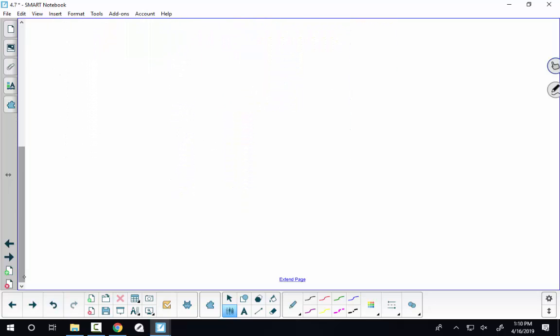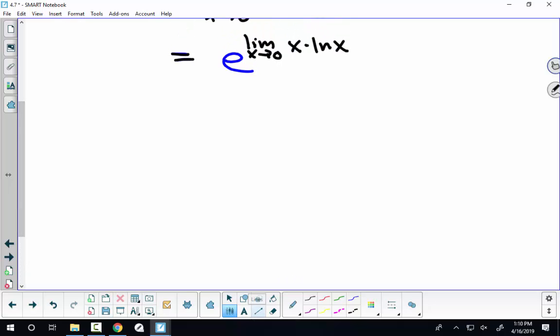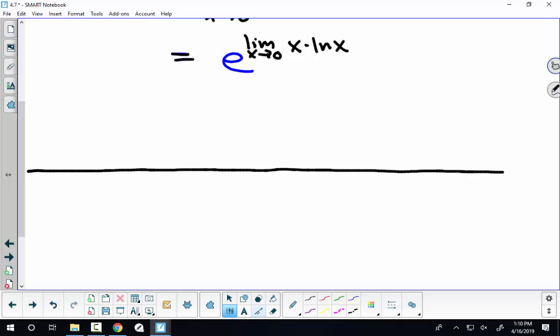I'm just going to leave a little bit of space, and kind of as an aside, we're going to compute this limit down here.